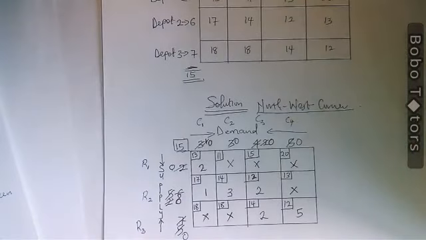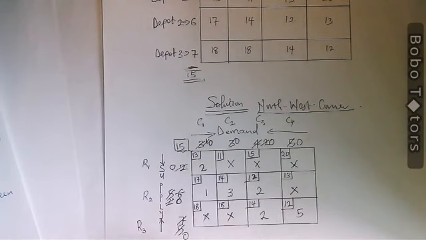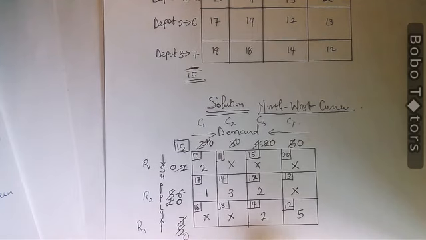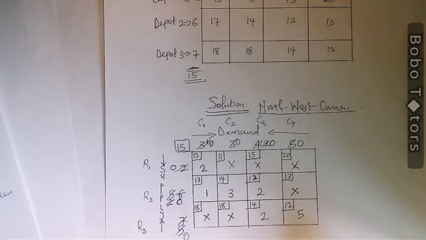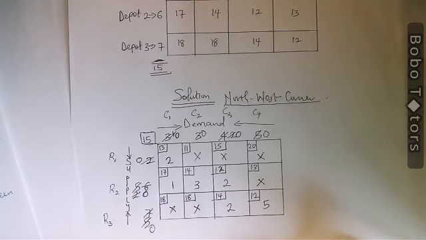Remember I said m is the number of rows. How many rows do we have? 1, 2, 3. Confirm that m plus n minus 1 is equal to the number of allocated cells.